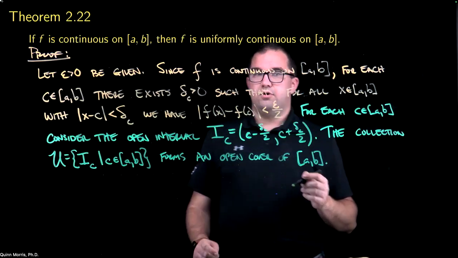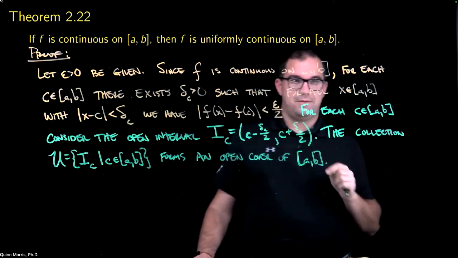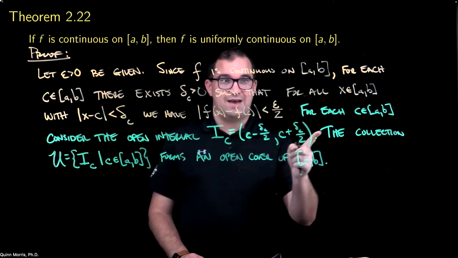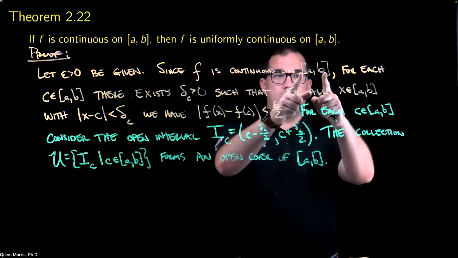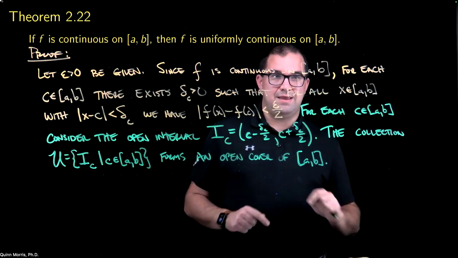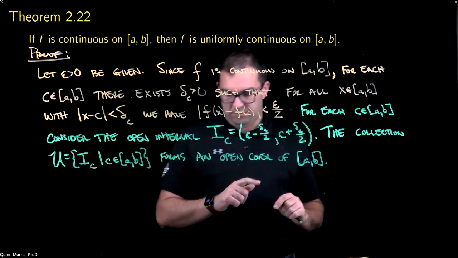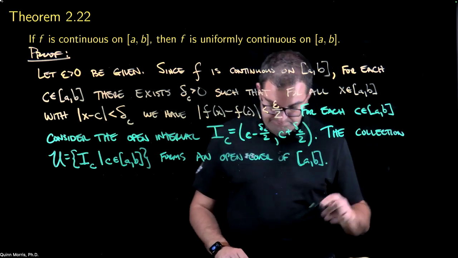Now, here is where we're first going to see that compactness probably does have something to do with this, right? Because I have an open cover. It's an open cover of the closed interval AB, which is compact. So I should be able to find a finite subcover. Okay.